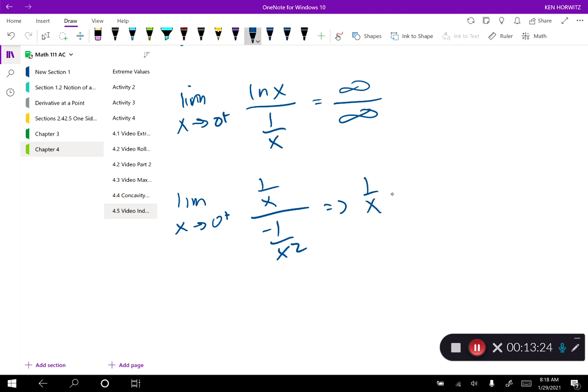So I have 1 over x times negative x squared over 1. I can cross that off and cross that off. And I'm left with, not negative infinity, I'm left with negative x. So I have the limit as x approaches 0 plus of negative x, which would be 0. So nice that I got another answer.